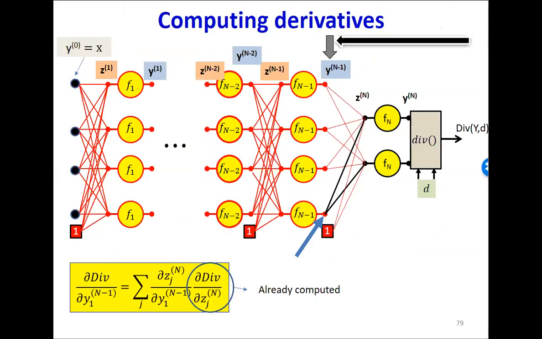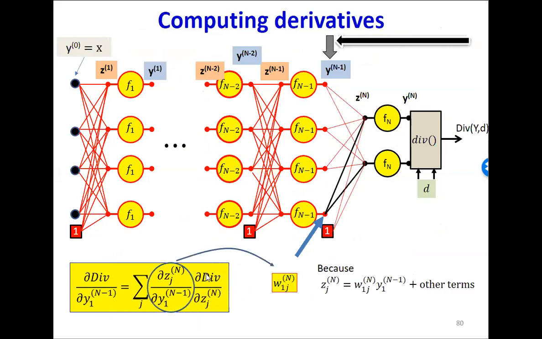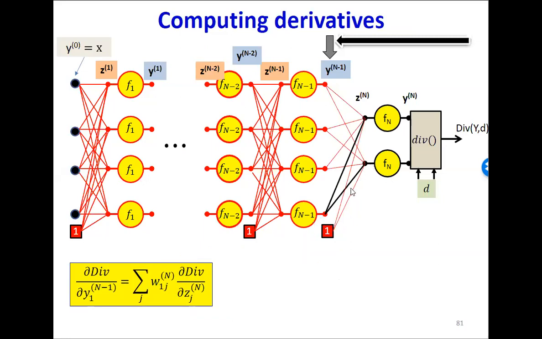The derivative of the divergence with respect to Z has already been computed. And from this formula, which we saw earlier, the derivative of any Z with respect to Y is simply going to be the weight of the connection between the two, which I can write here.